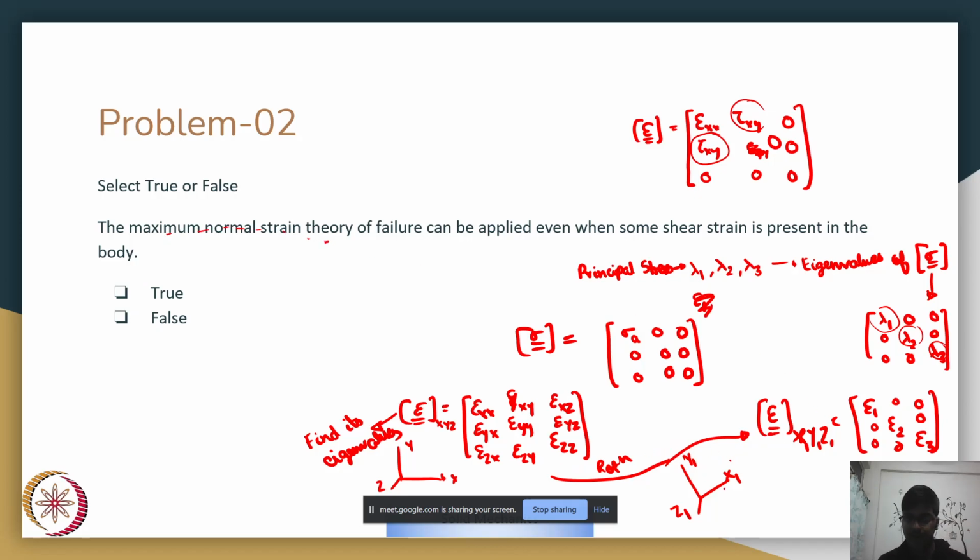In this rotated frame x1, y1, z1, you only have normal strains epsilon 1, epsilon 2, epsilon 3. So now you compare each of these with the maximum possible strain. That is your maximum normal strain theory.